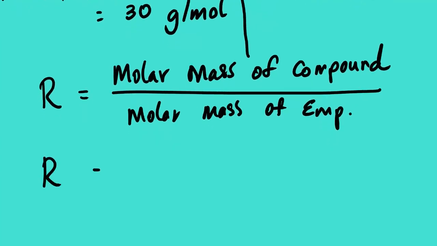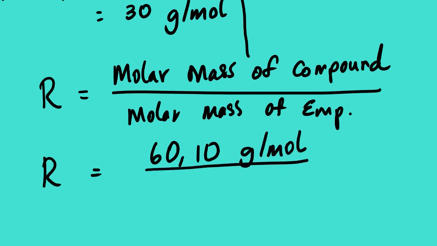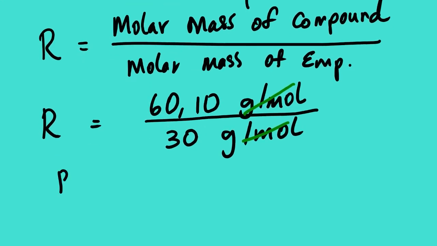So we are going to say the ratio is equal to the molar mass of the compound, 60 grams per mole, divided by the molar mass of the empirical formula, 30 grams per mole. So we can see that this will get rid of this, and then 60.10 divided by 30, we find that the ratio is 2.